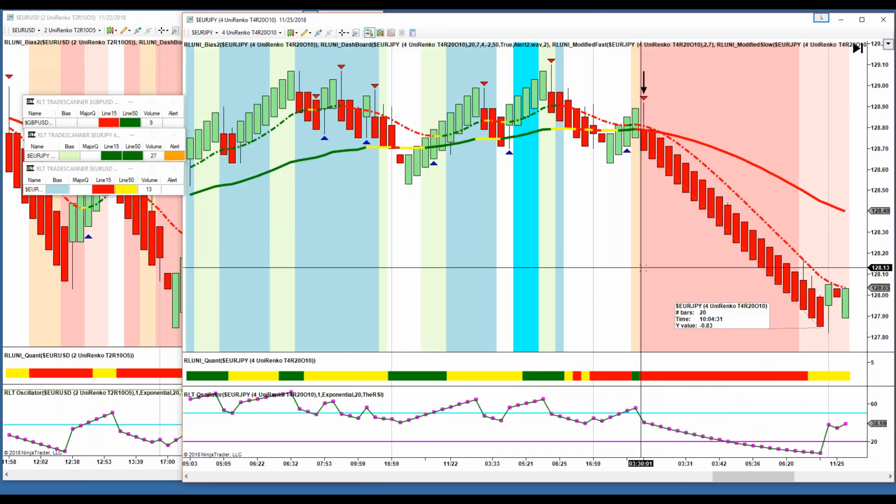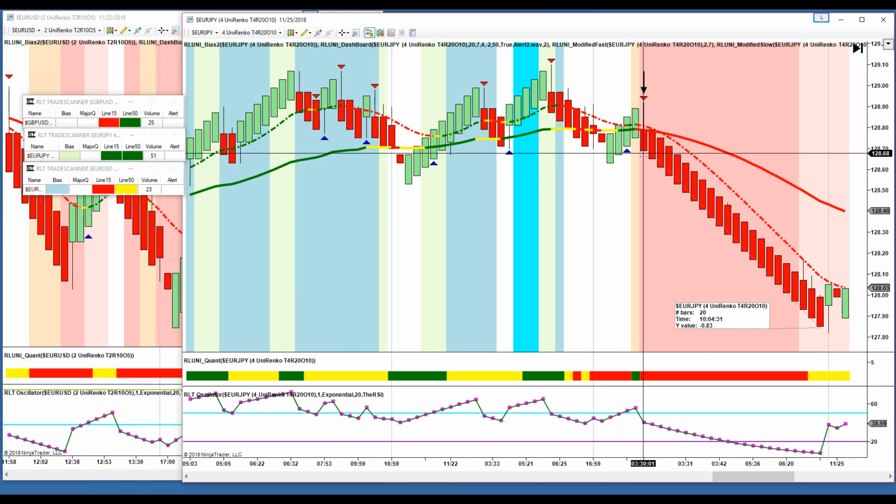This is an 83 pip move because this is a 4 unit Renko. So you see that all you need are 1 or 2 trades a week per market. And if you watch 12 markets, you're going to get an enormous number of winners. And you're only going to be in on the trades that have the smallest risk and the potential highest reward.